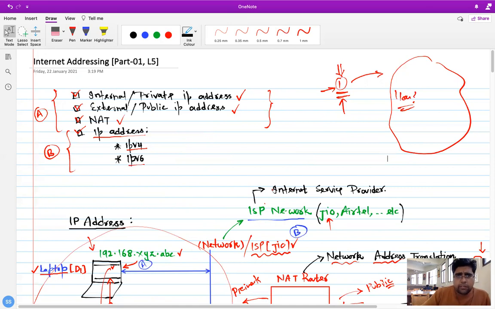It is a restriction with this particular addressing. Since long we have been using the IPv4 mechanism, and there are some restrictions with that. I'll discuss them later, and with time you will figure out that the solution to that issue is IPv6. If we are using IPv4 addresses, then we cannot do this.